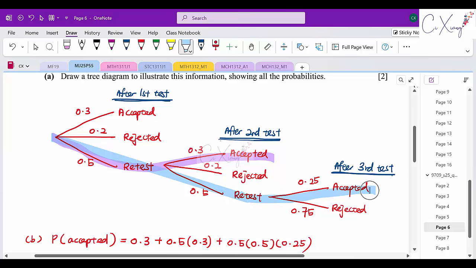Then finally you are accepted. So it fulfills our condition of at least 2 tests intersect with accepted. So this must be part of our calculation. You multiply the probability along the branches, so it will be 0.5 multiplied by 0.5 multiplied by 0.25.